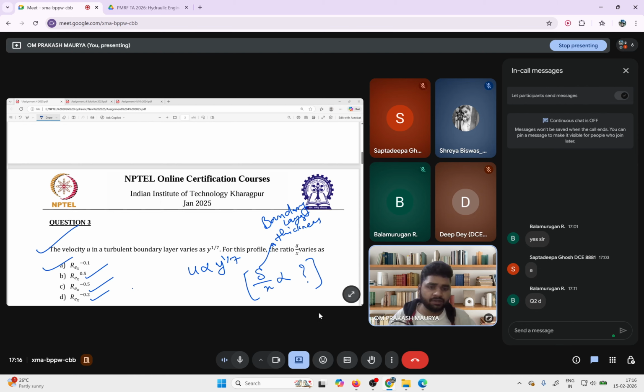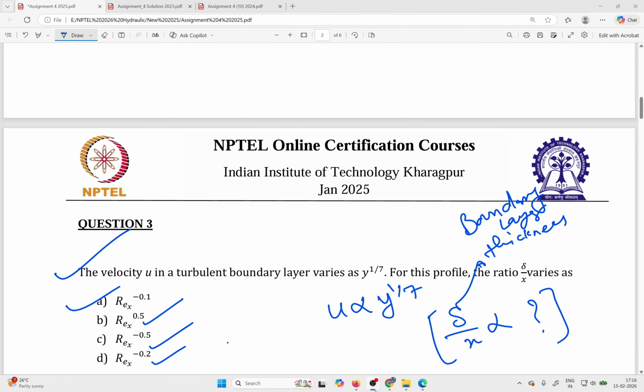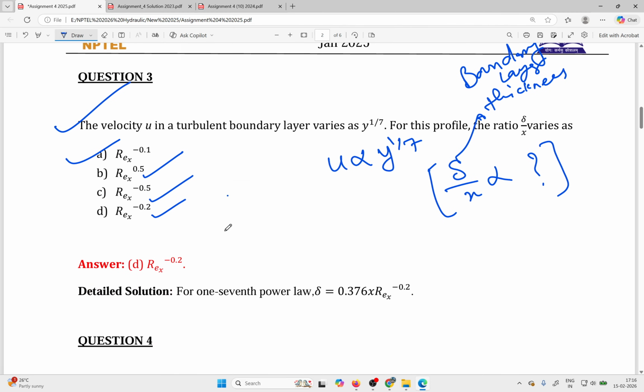Okay, so here is your answer for this question. Remember, this is the formula for boundary layer thickness. As per the 1 by 7th power law, delta, the boundary layer thickness, is equal to 0.376 x Re_x to the power minus 0.2.